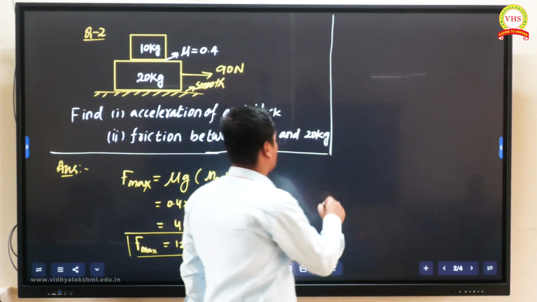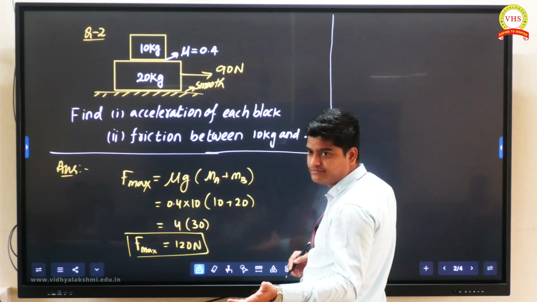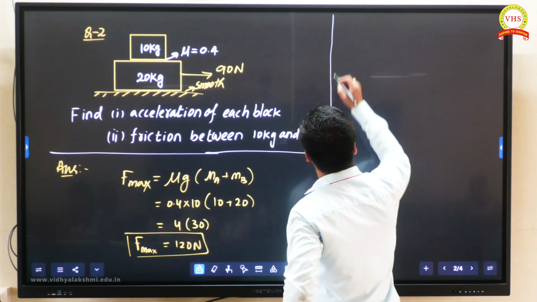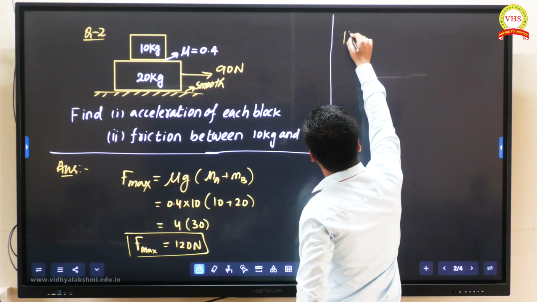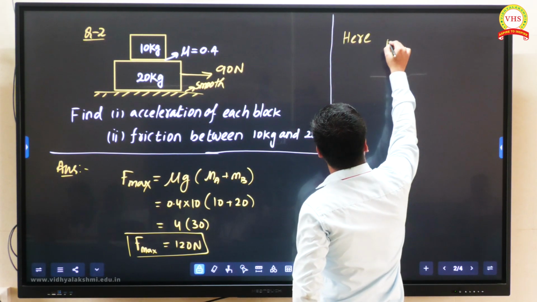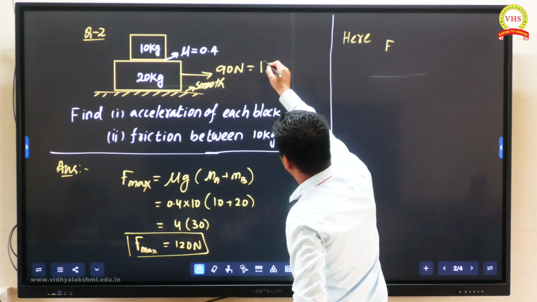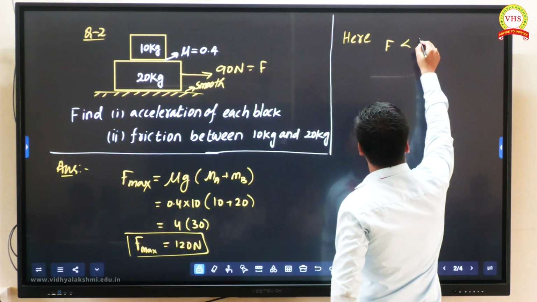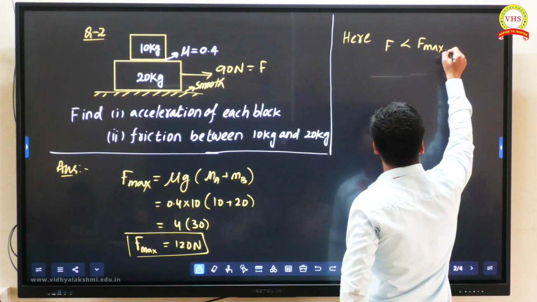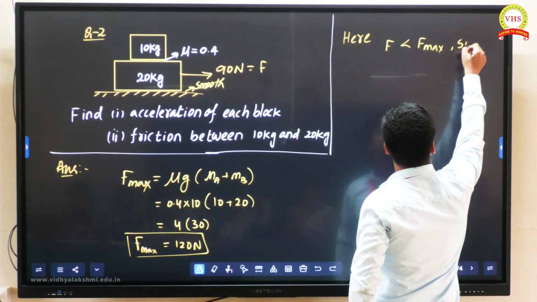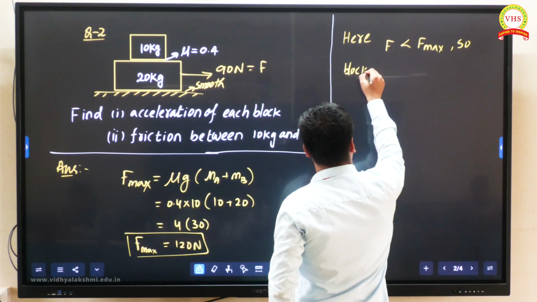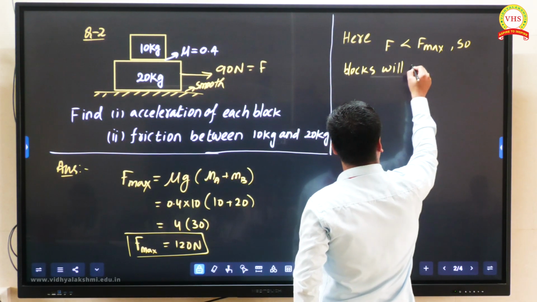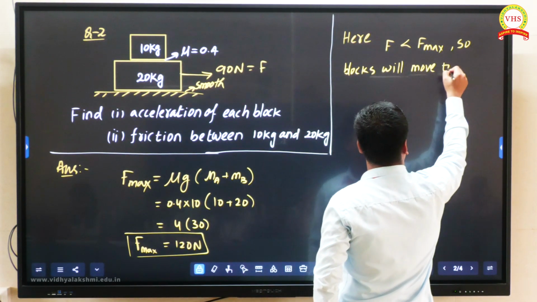If objects move together, then they will have a common acceleration. So directly you can find the common acceleration. Let me write it. Here, the applied force F is less than F max, so the blocks will move together.